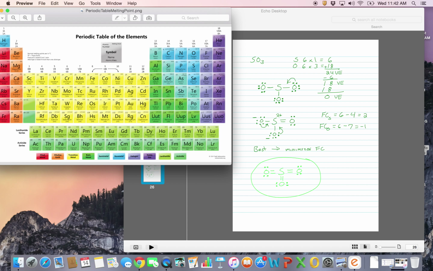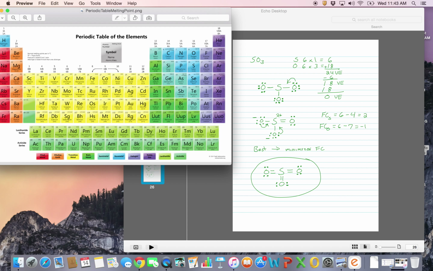So use that expanded octet in this particular case to minimize formal charge. The creation of double bonds from these 2 oxygens will minimize formal charge on all atoms, leaving you with the best Lewis structure for sulfur trioxide that involves double bonds to each of the oxygens, octet fulfilled on all atoms, and no formal charge.